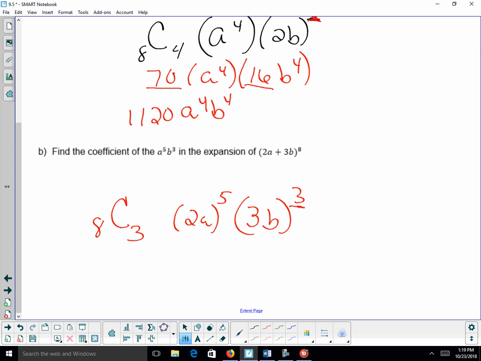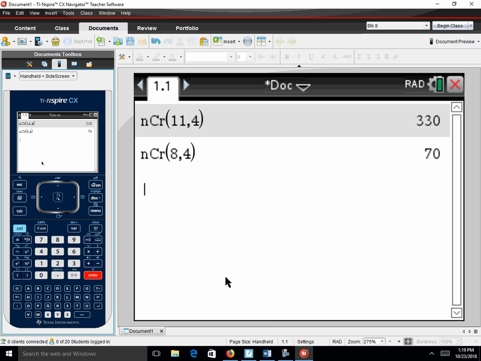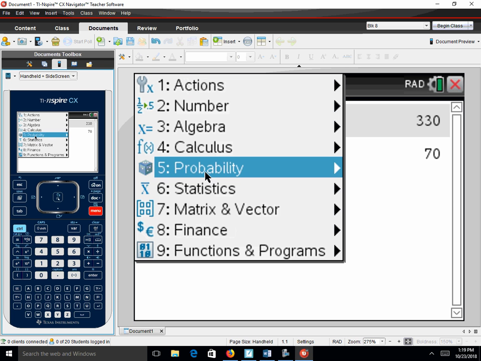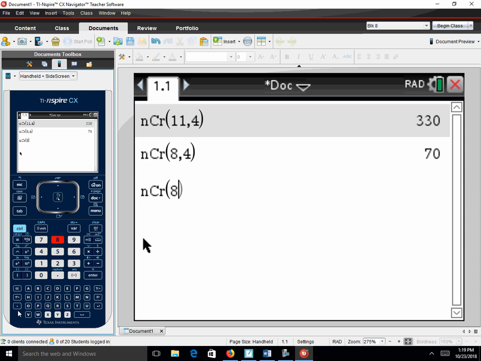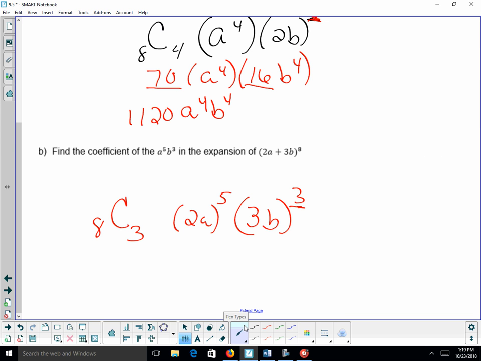So on my calculator, I'm doing 8 choose 3, or I'm doing the third entry of Pascal's triangle. And I get 56. So this will be 56.